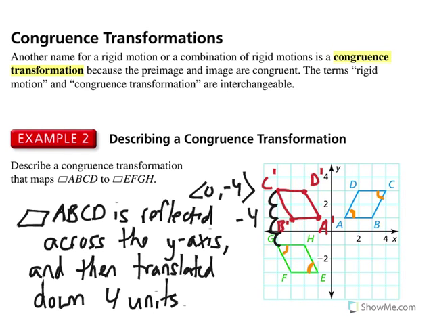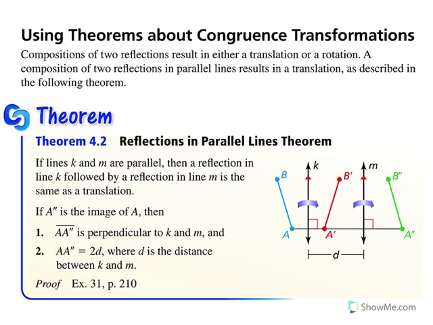So that would describe my congruent transformation. EFGH is congruent still to ABCD. Okay, it simply just was reflected and then it was shifted down.